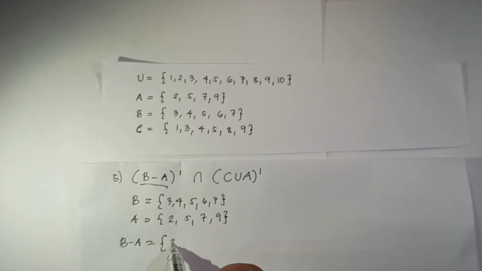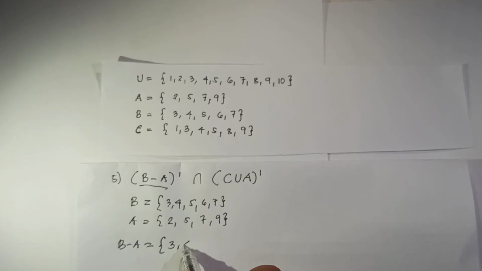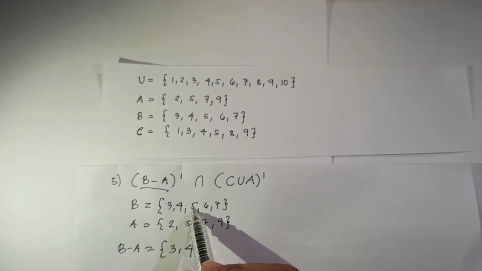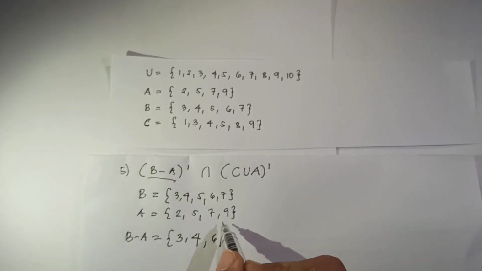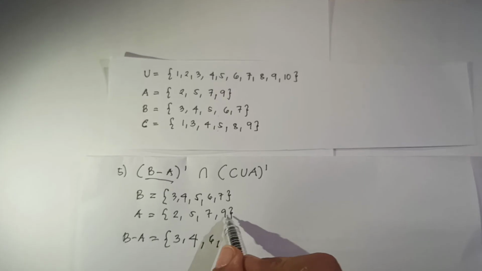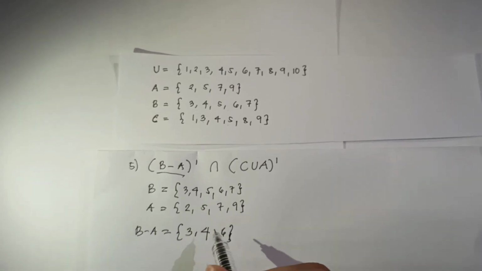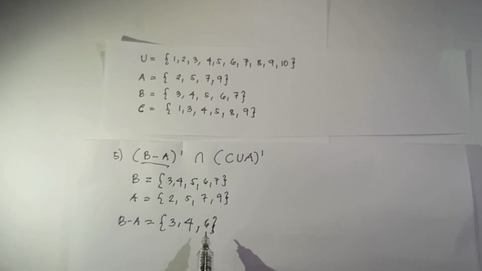So, wala sa A, at saka 4. Here, may 5. So, hindi natin sulat. 6. Walang 6 sa A. At may 7. Okay, 9 is not focused here. So, therefore, B minus A is 3, 4, and 6.